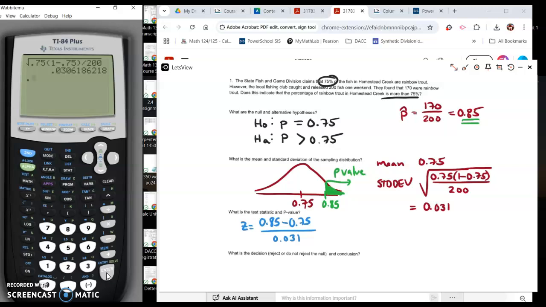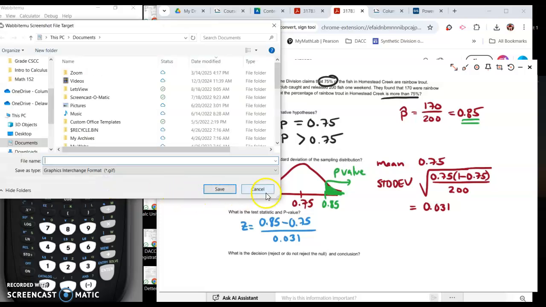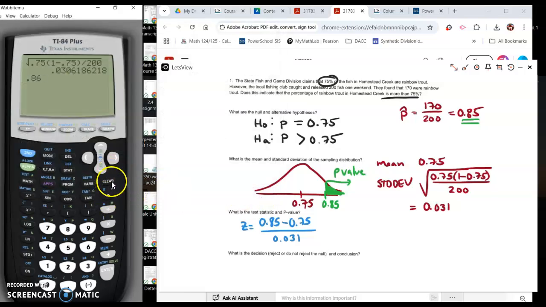So 0.85 minus 0.75, this is just figuring out that z value, is 0.1 divided by 0.031, should be 3.1 if I'm not mistaken. 3.2. So our z is 3.2.